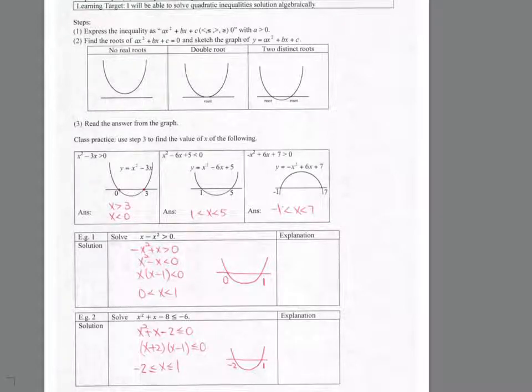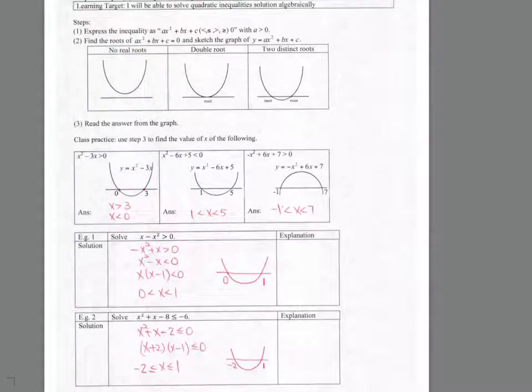So let's practice these 3 quick examples. X squared minus 3x greater than 0. So is it already in the form of ax squared plus bx plus c with leading coefficient a greater than 0? Since a is 1, it is. So the next step, what do I do to find the x values? I can use the factor method.